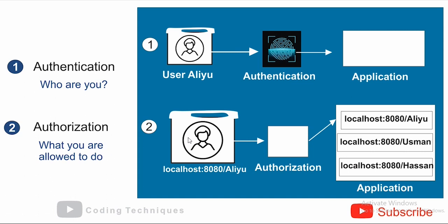Here we have localhost:8080/Aliyu, which represents the URL. So the authorization here will give him authority only on this URL. He will not access the data and information which is not his own. So this is a simple example of how it works.